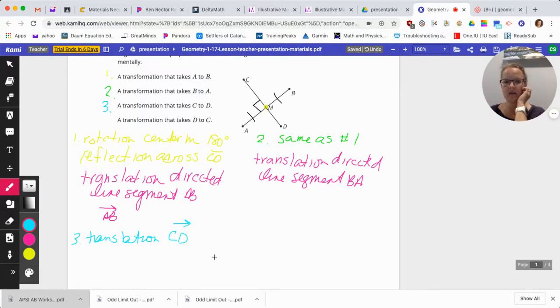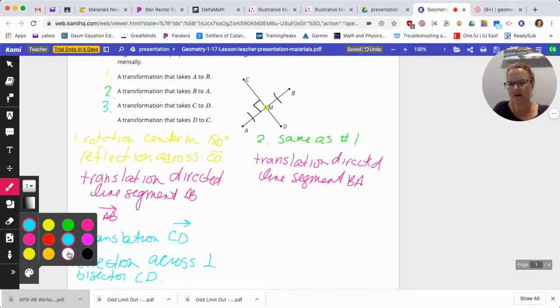I can't do a rotation around center M either. I could make a perpendicular bisector. Reflection across, if I could spell, perpendicular bisector of CD. So I could make a perpendicular bisector of CD because we know how to do that and reflect it, and that would work.